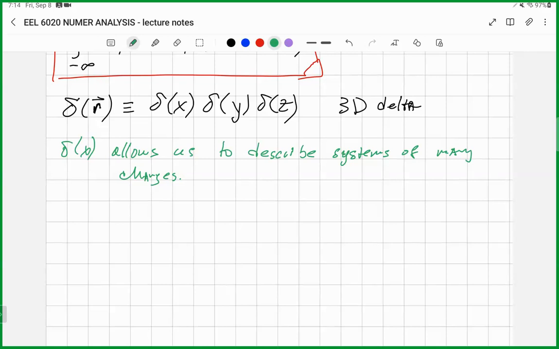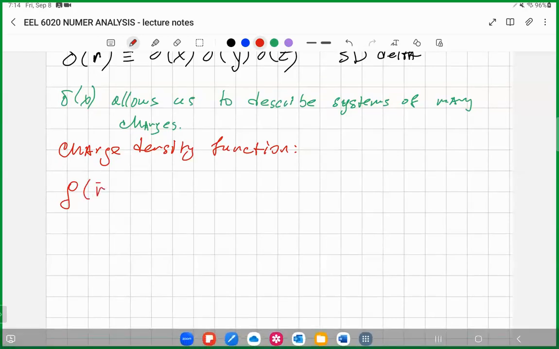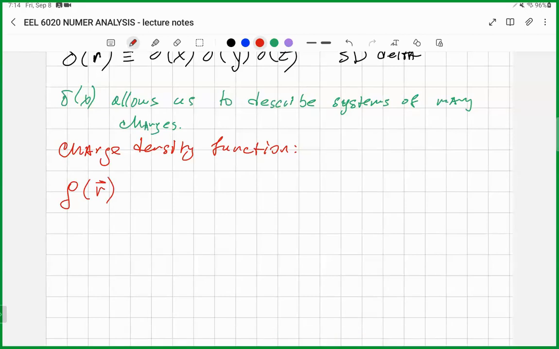The way we do that is through the use of the delta function, by introducing the charge density function, which is defined this way. We denote it as rho, and it depends on the coordinate in space.